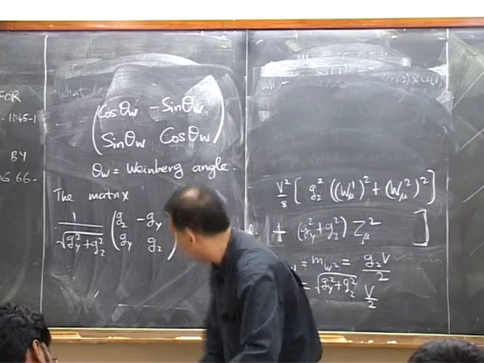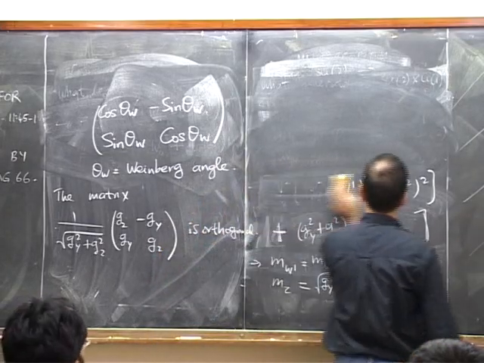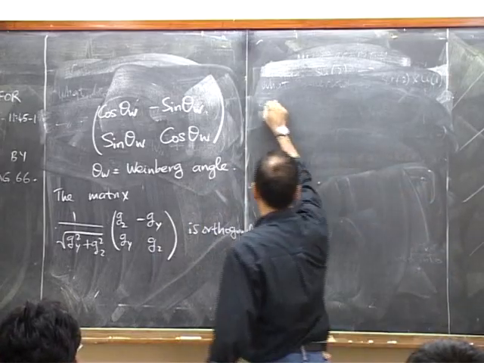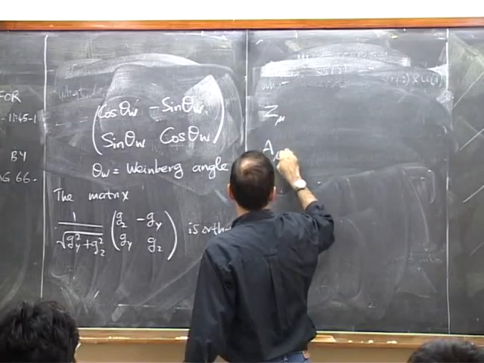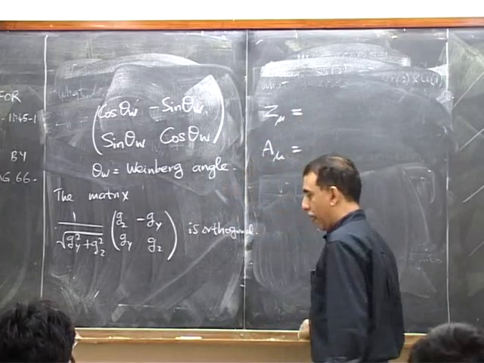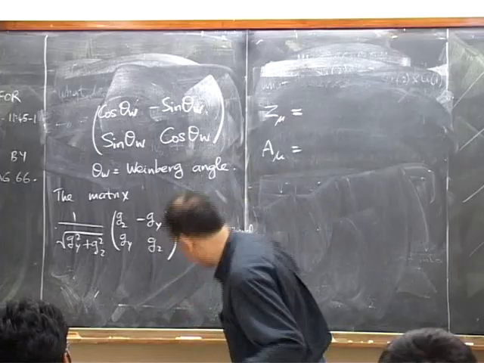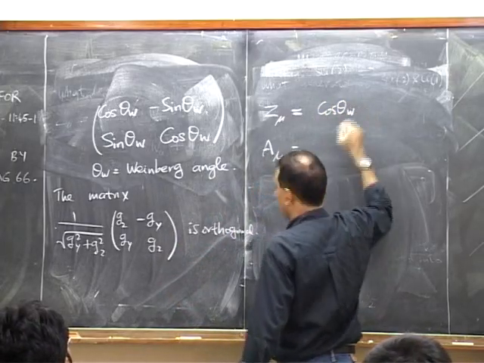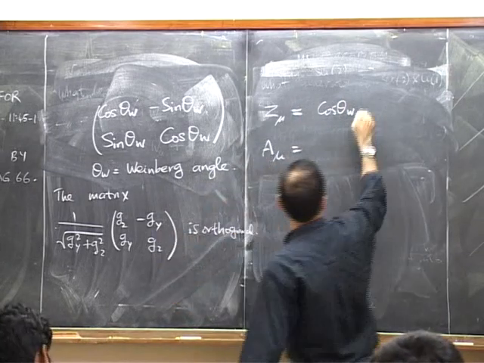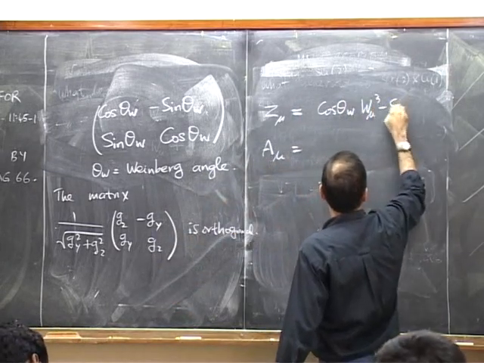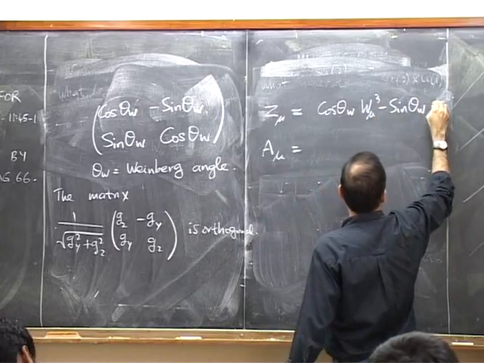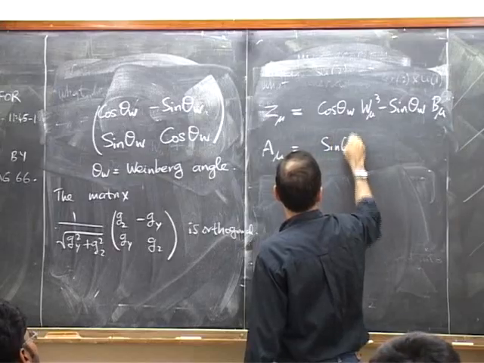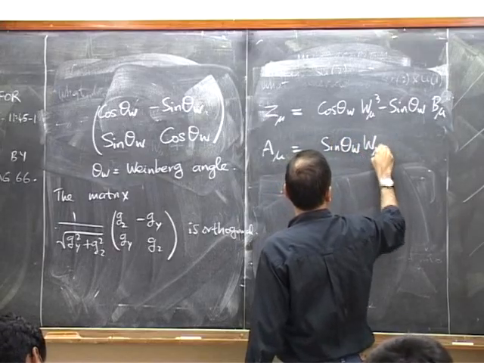Good. I think from this point, let me just write the last formula because it's pretty. So Z mu is cos theta W times W3 minus sin theta W times V mu, and A mu is sin theta W times W3 plus cos theta W times V mu.